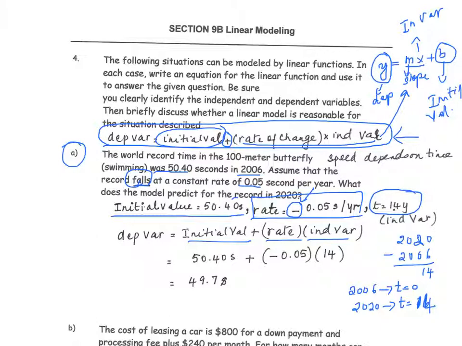So the dependent variable is the record in 2020. You plug in all the numbers into the equation, y equals mx plus b. Just remember that it's exactly the same thing. So plugging in the numbers, we get 49.7 seconds. So the record improves quite a bit in 2020 as compared to 2006.